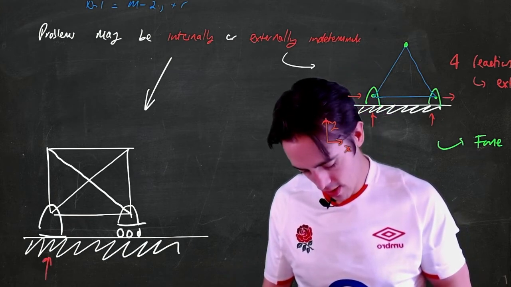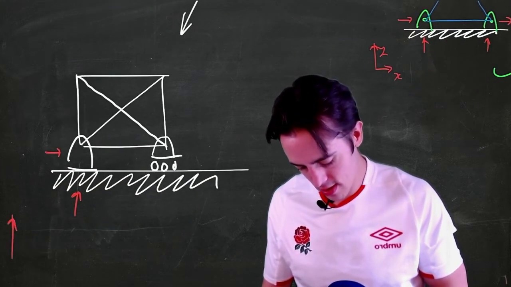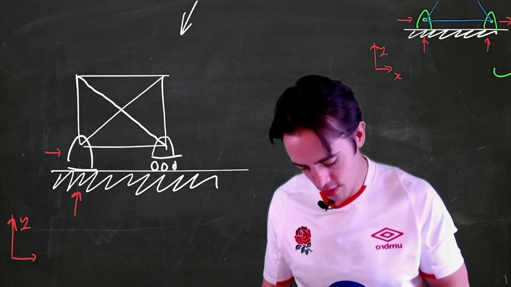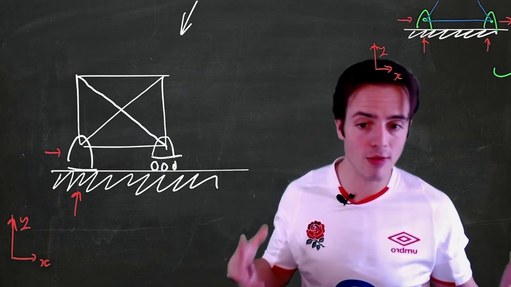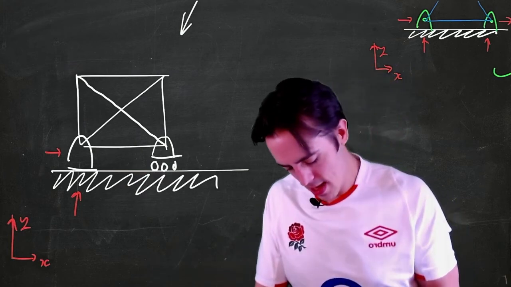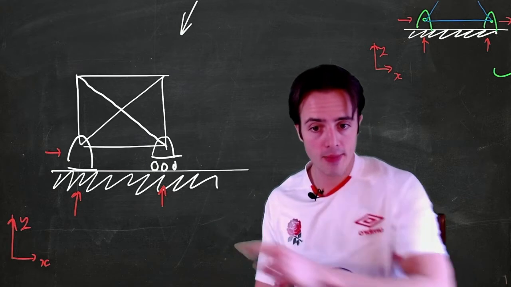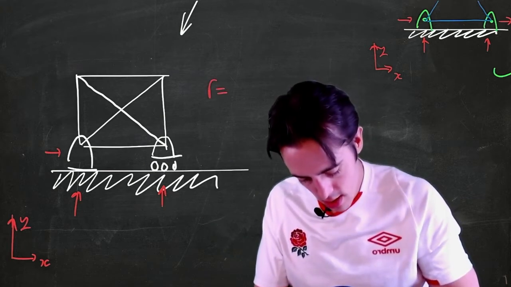I'm just doing a real sketch here. This isn't good working. I'm just trying to go through the theory of what determinacy is, not going through and solving this problem. So I've got three reactions here. Okay, so I've got r is equal to 3.